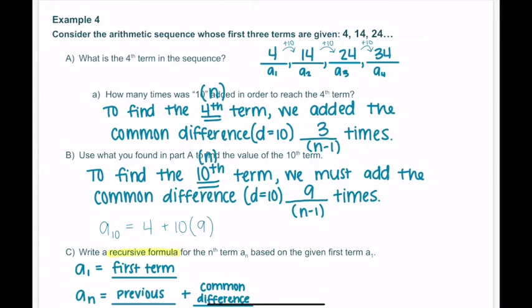So the quicker way of doing that would just be to write this explicit definition, which is 4 plus 10 times 9 is 90, which is 94.